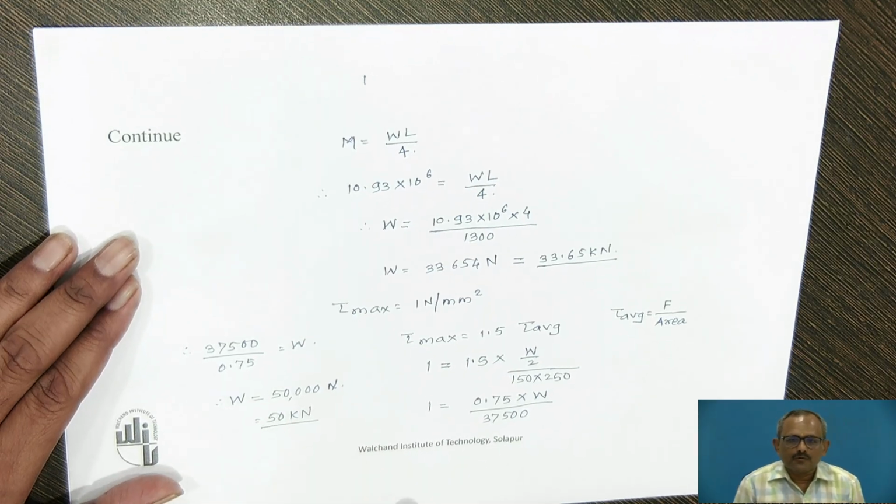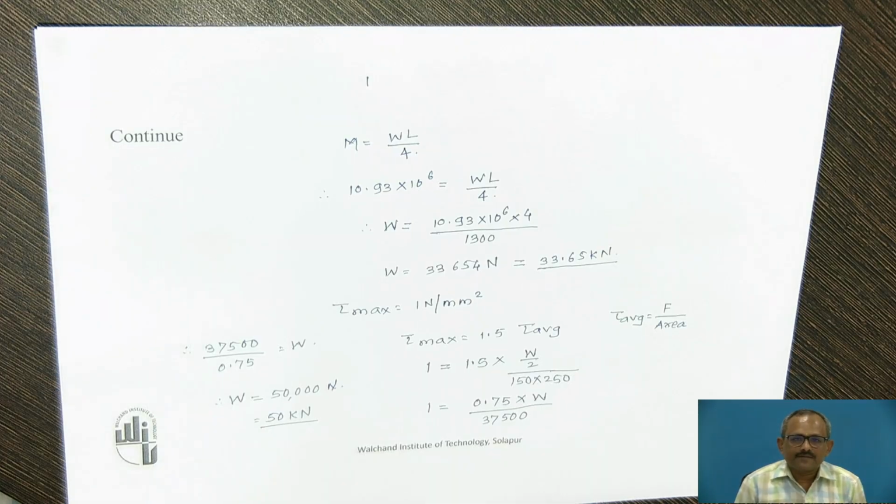So we have obtained the safe values of point load: by using the bending stress equation we obtained 33.65 kilonewton, and by using shear stress consideration it is 50 kilonewton.